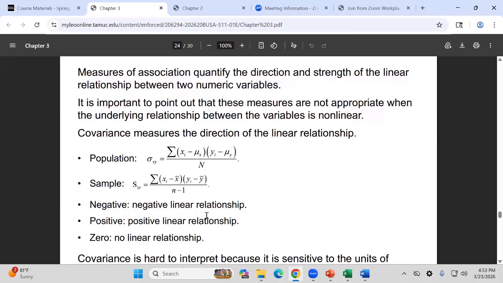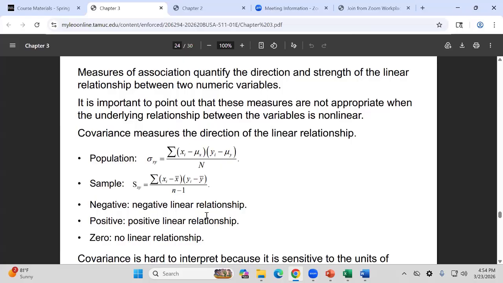This is how you calculate covariance, right? Basically, the numerator will change to the sum of a product. You use each data set to calculate a difference, right? Then you multiply these two differences, add the products up, and divide by n if you calculate the population covariance.